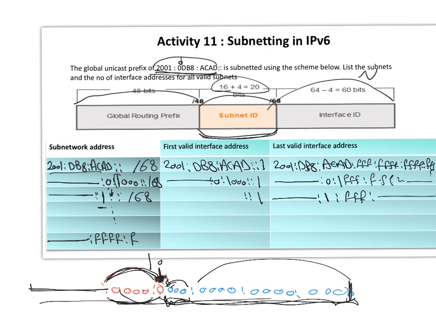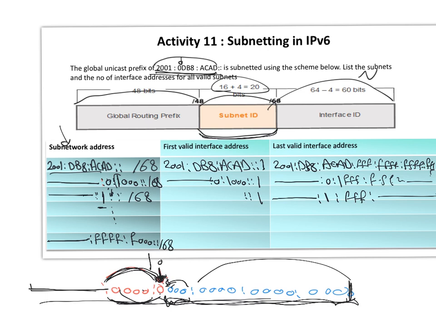And then the interface ID part, which is the blue. For the network address or the subnetwork address, the interface ID part is all zeros. So we have to put the 3 zeros on the right-hand side, because these are not leading zeros that we can omit. And then colon /68. This is the last subnet.